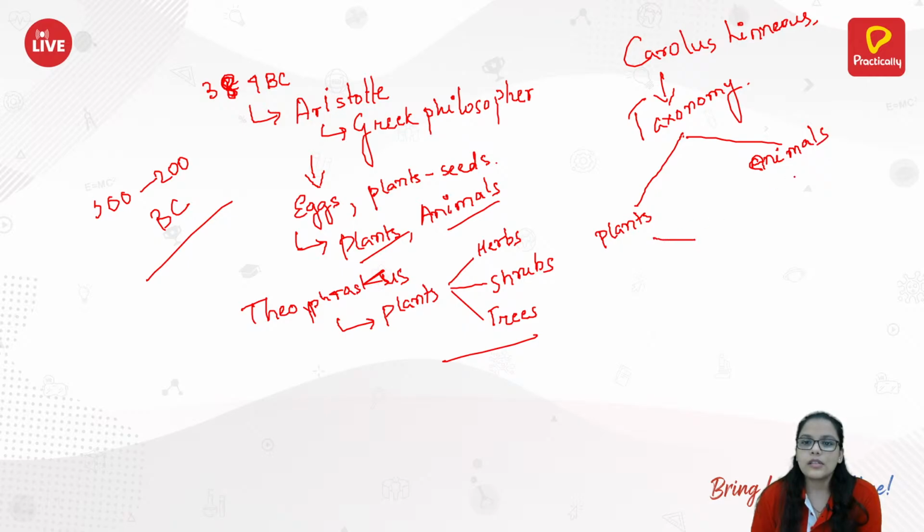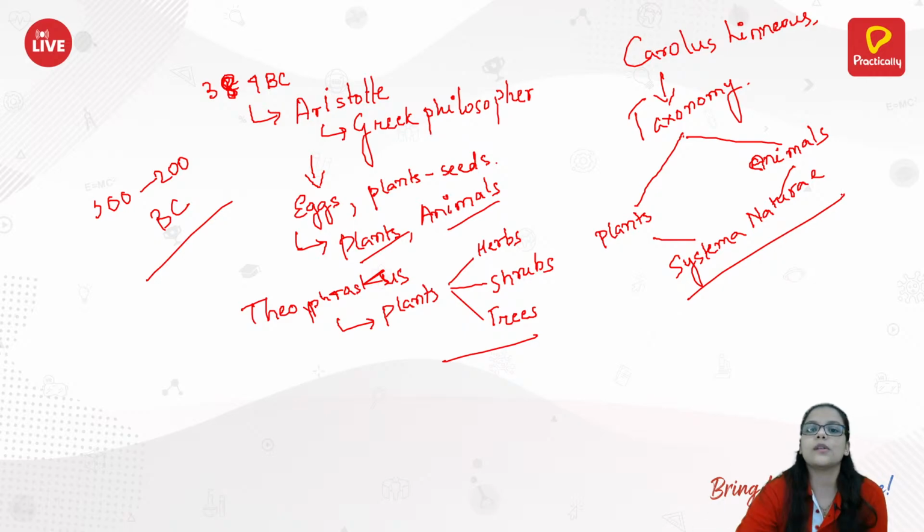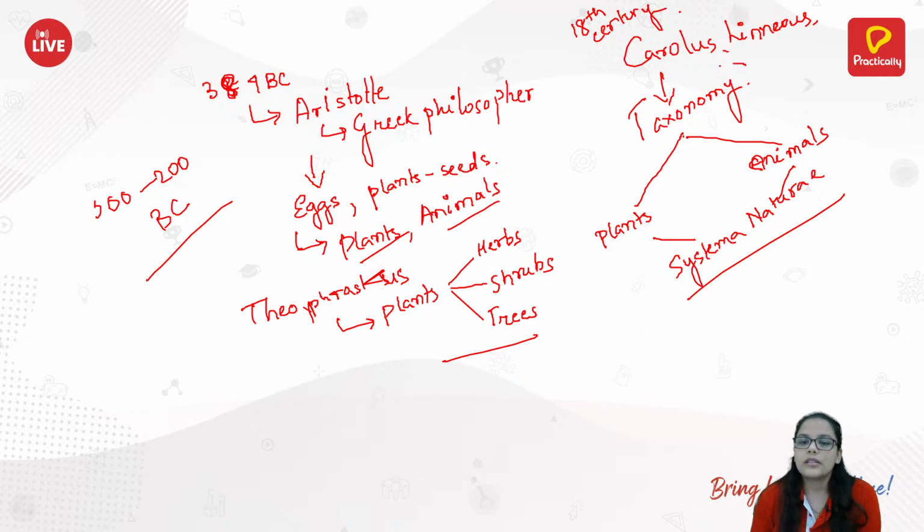He wrote this in his book, Systema Naturae. So he was the one who actually started the scientific work, because it was in the 18th century, at that time, he started this work, taxonomy. After him, people started saying no, plants and animals, apart from that, there are the smaller ones.